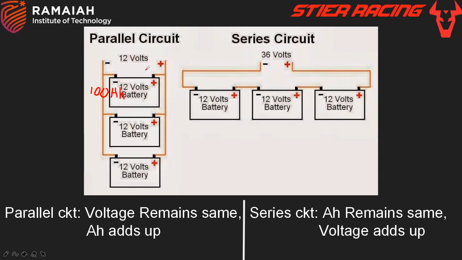That means I can draw 300 ampere for 1 hour from this circuit, but from the series circuit I can only draw 100 ampere for an hour. I can draw less current from that circuitry, but I can get more voltage out of it.